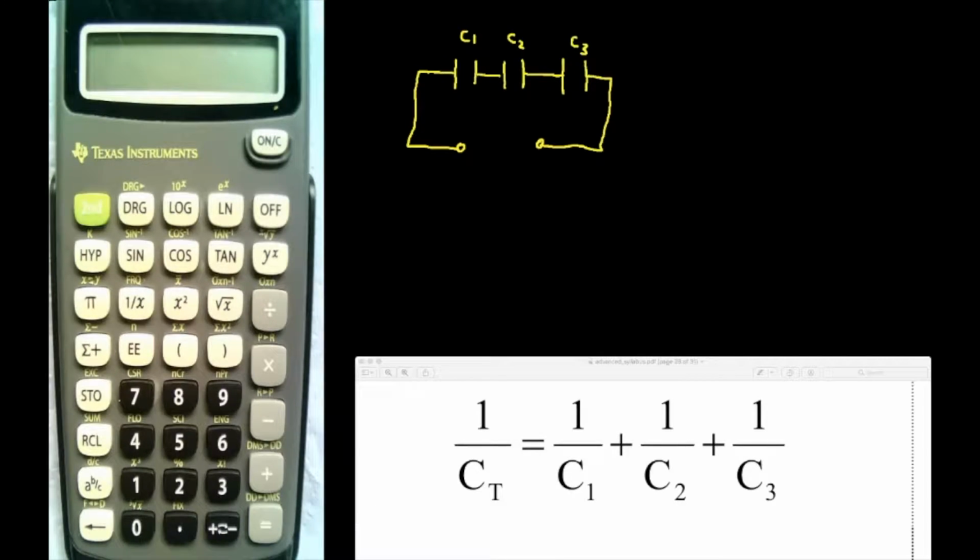Let's say this one was 0.1 microfarad. The C2 was 1000 nanofarads, and C3, I'll write the value up here, was, let's say, 0.09 microfarads.